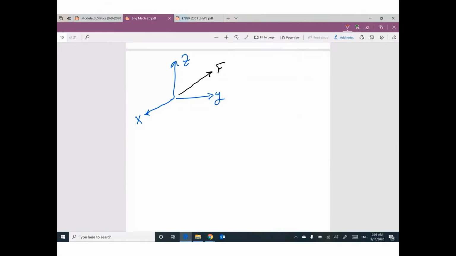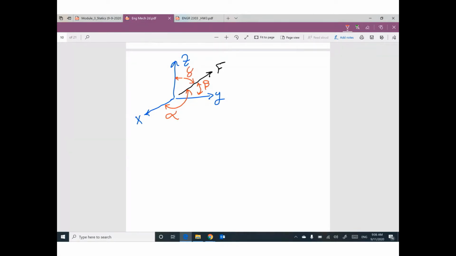The first one called alpha between the force and x-axis. Second one called beta between the force and y-axis. The third one called gamma between the force and z-axis.